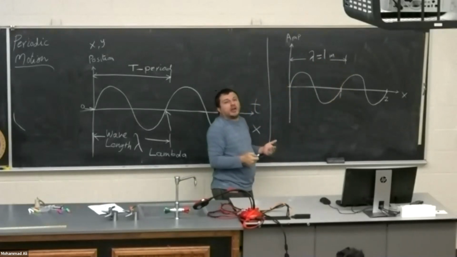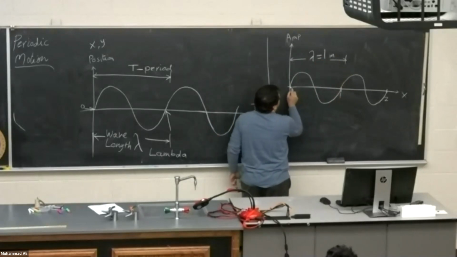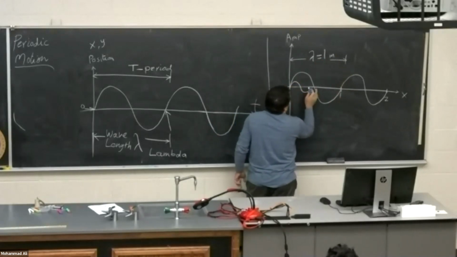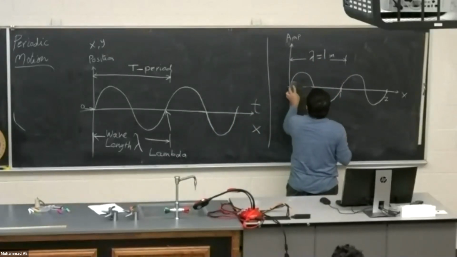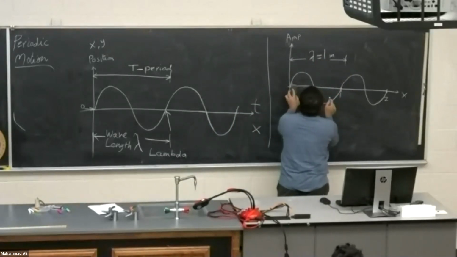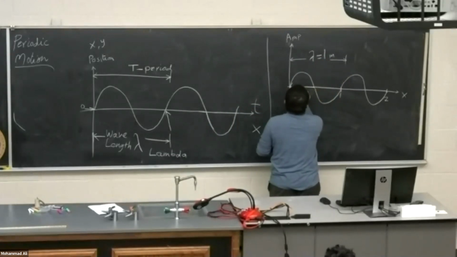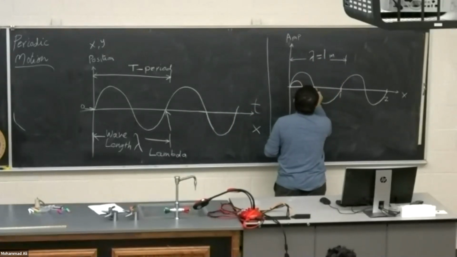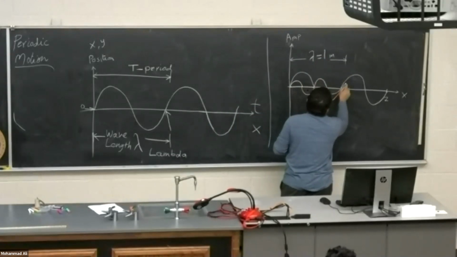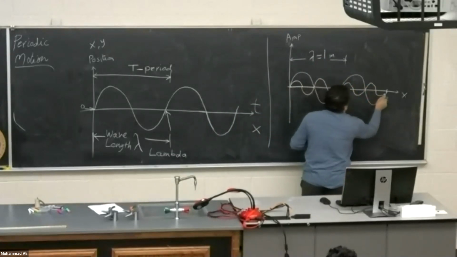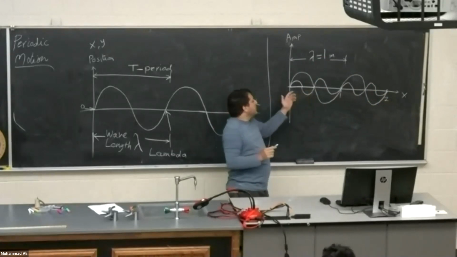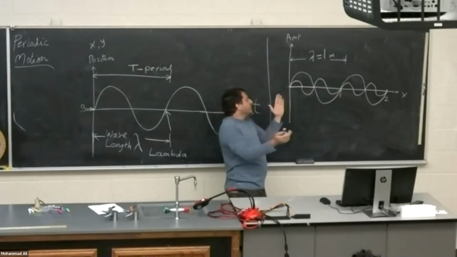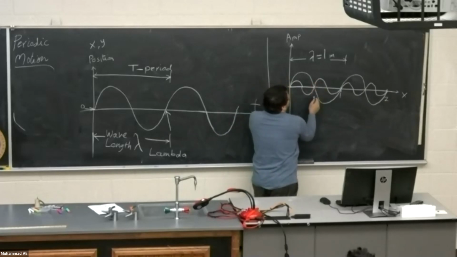But if I draw another wave, like this, as you see, this is a smaller wave or a shorter wave. It has its length like this.